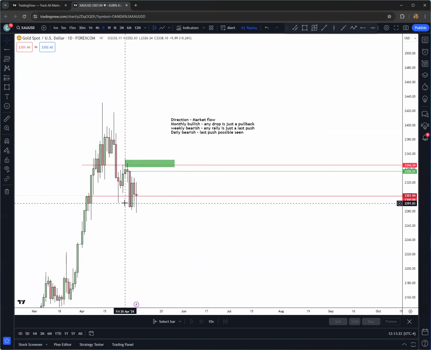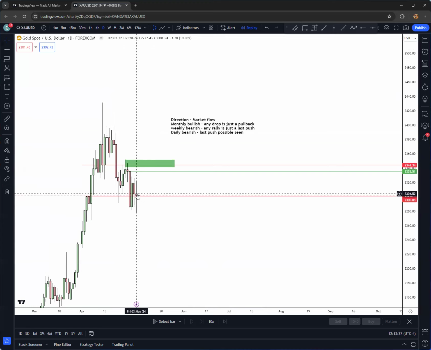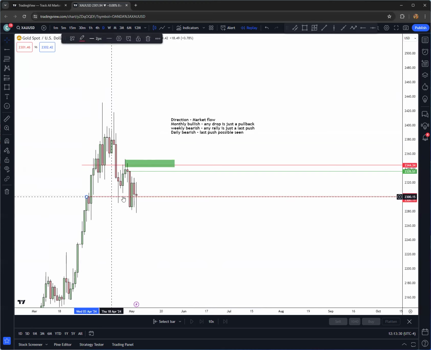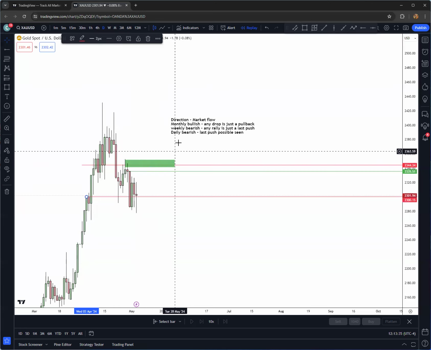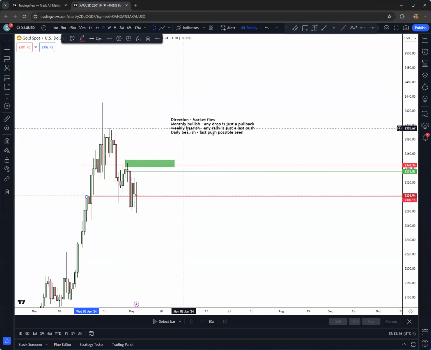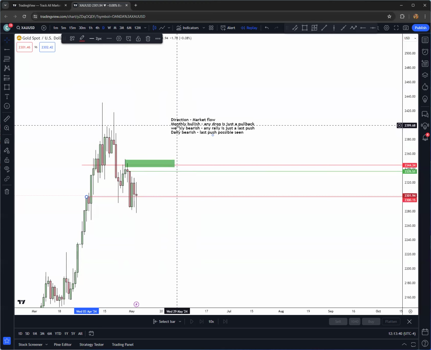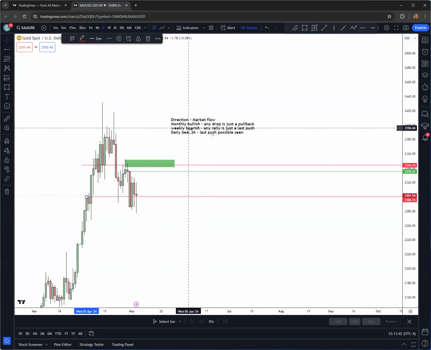I wouldn't. Let me see, would I take buys? Not sure if I would take buys because this daily kind of closed back above this right here. Yeah, I would probably want to take buys going up, looking to complete the weekly cycle, right? Because monthly is bullish, but weekly is bearish.